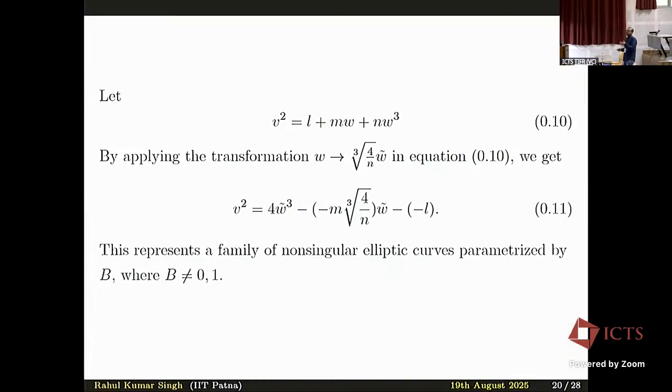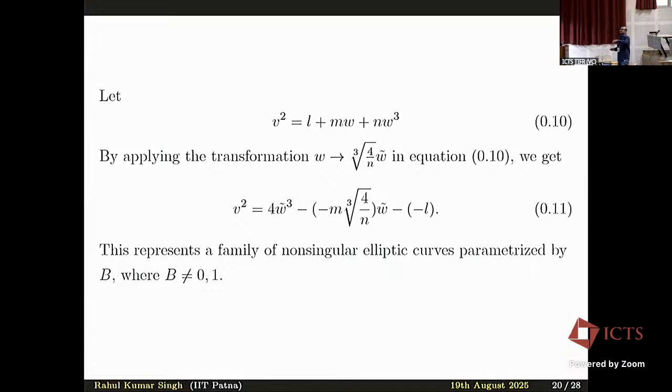Even if you're not applying this transform, that's okay. But this is kind of a standard way of writing an elliptic curve. You can do a further transformation to convert this equation to this particular equation. And now the claim is this represents a family of non-singular elliptic curves.